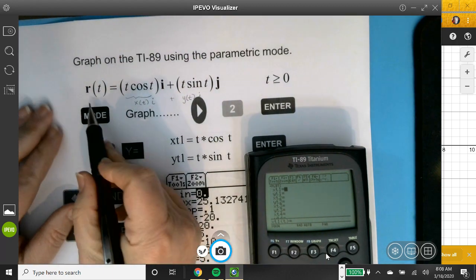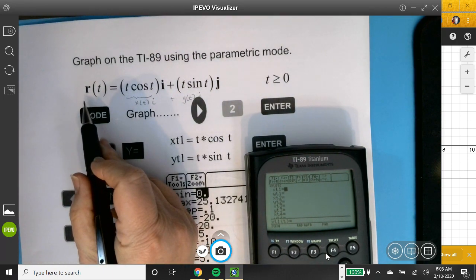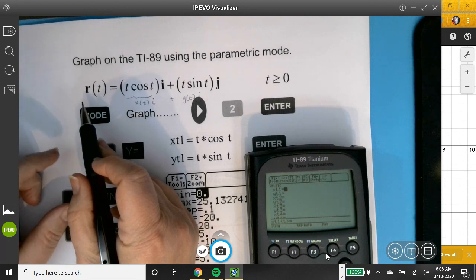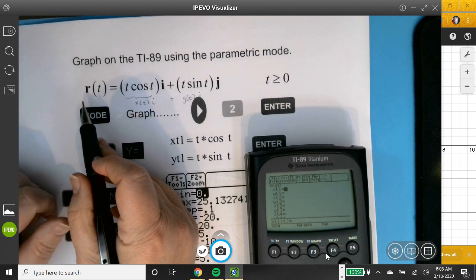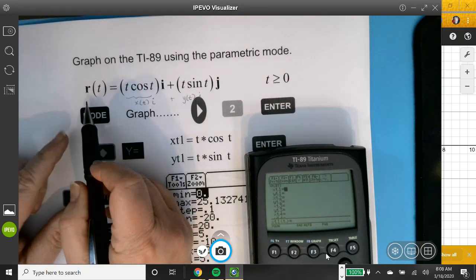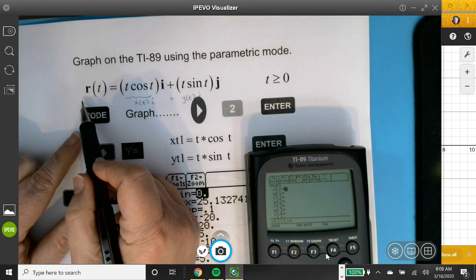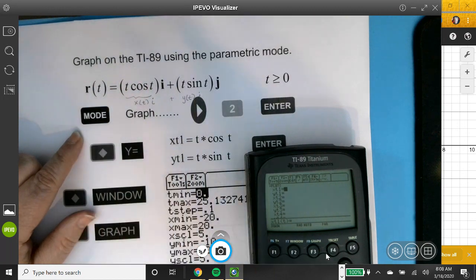So they needed another variable. s was taken for one-dimensional position functions, and now we have r of t. So I guess it was the next letter after s, so it was r.